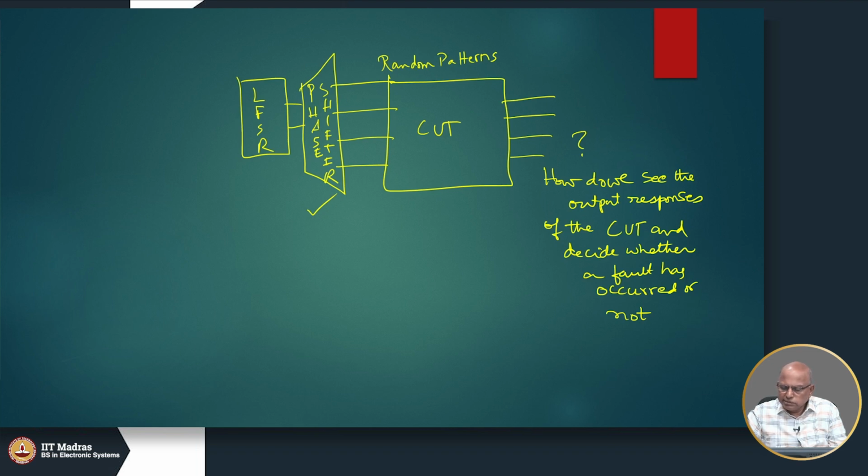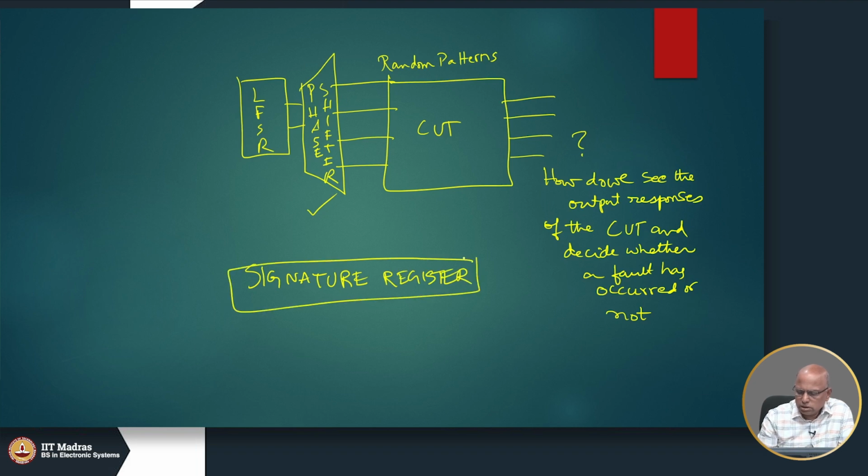That is where the signature register concept has been used. So, there is a signature register. What we do is we feed the outputs of the circuit under test to a signature register.